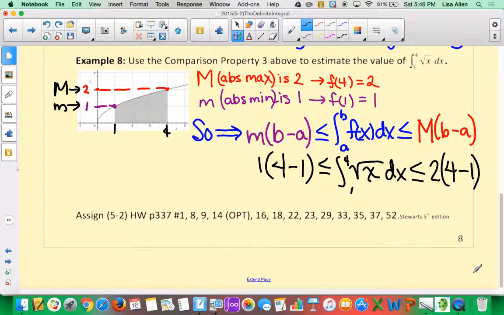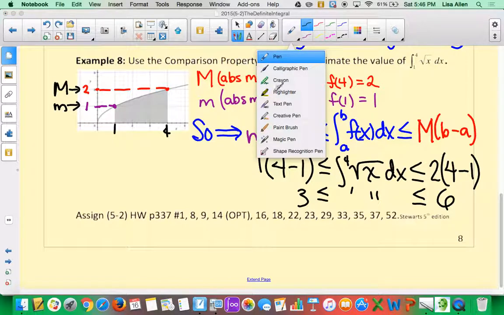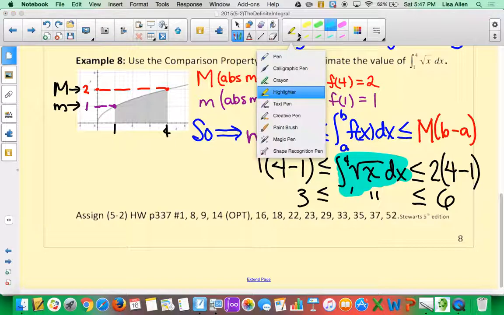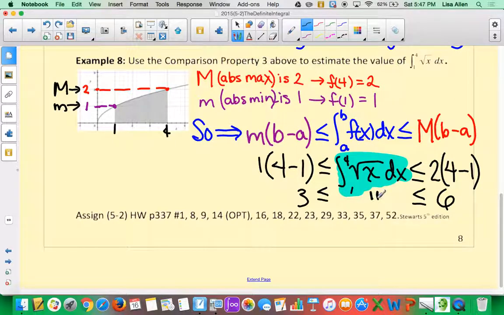Then by estimation, 1 times 3, or 3, has to be less than or equal to 6. So the integral value has got to be between 3 and 6.